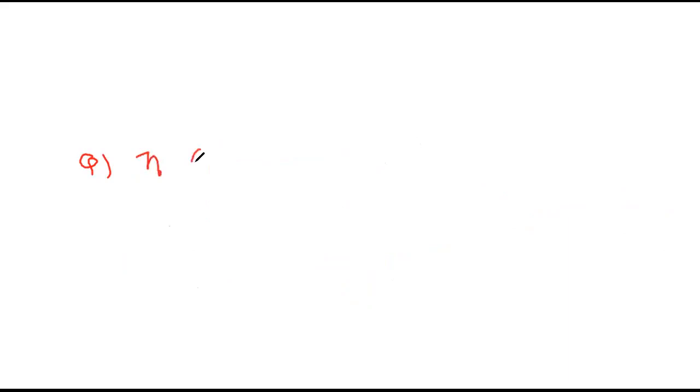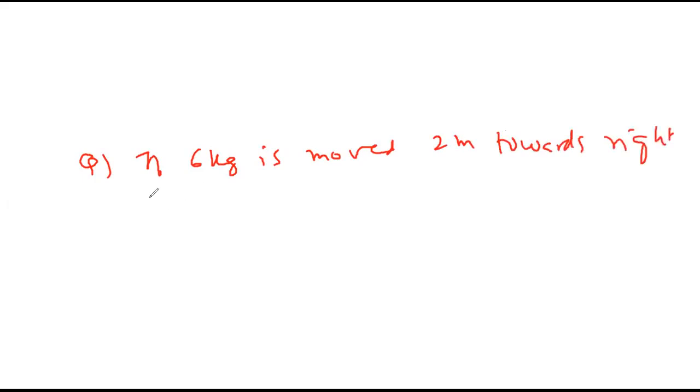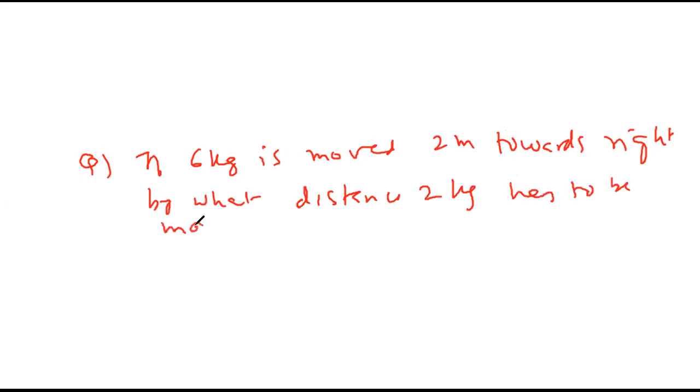If 6 kg is moved 2 meter towards right, by what distance 2 kg has to be moved so that center of mass remains at initial position. This I had explained to you.